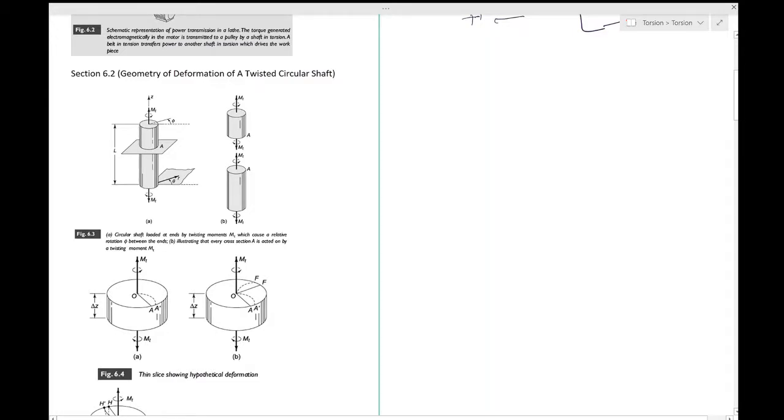Now let's look at figure 6.3a. This shows a circular shaft loaded only by twisting couples at its end. This is very similar to you holding your pen and trying to twist it from one end. You are applying a twisting moment.